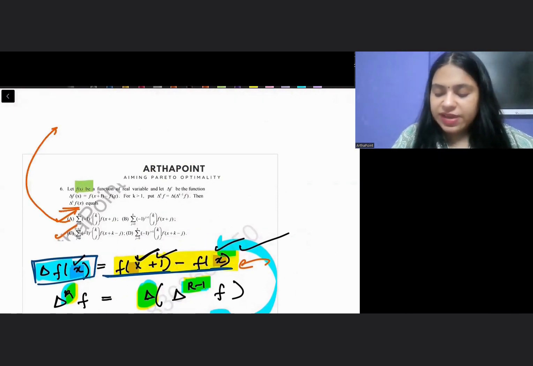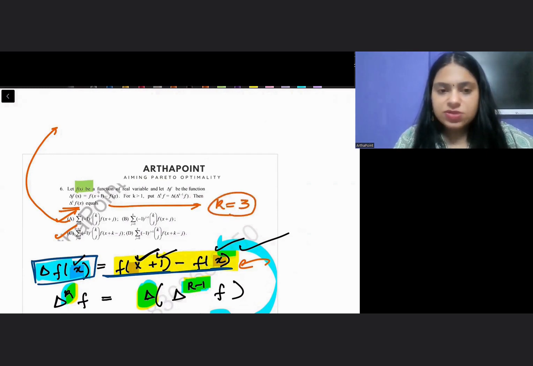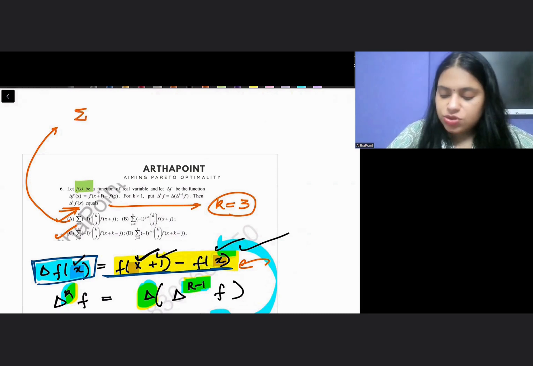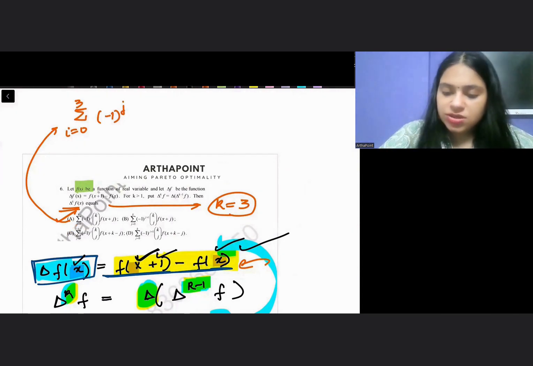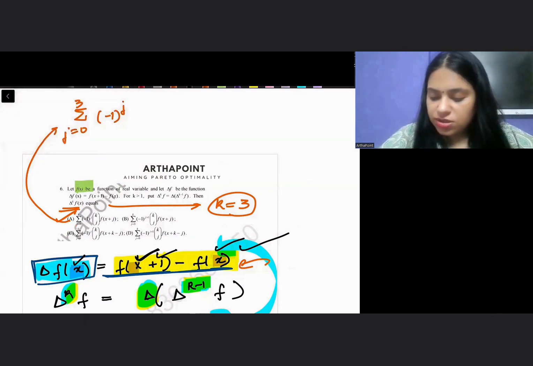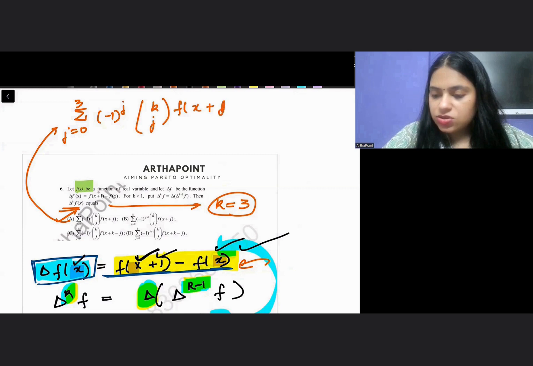So for the kth derivative, I will take the value of k as 3 first. And I will look at the first one, going till k equal to 3. So this gives me summation j from 0 to 3, minus 1 to the power j, kCj, f of x plus j.